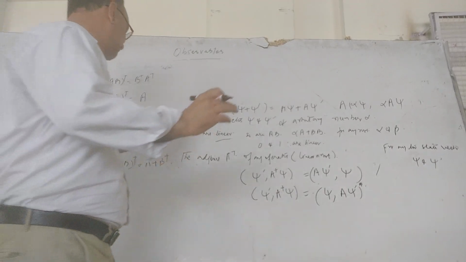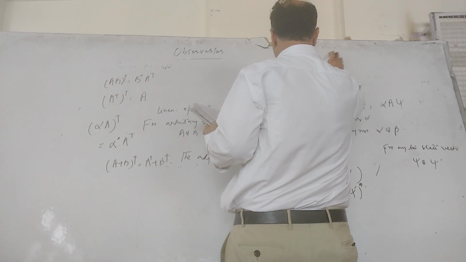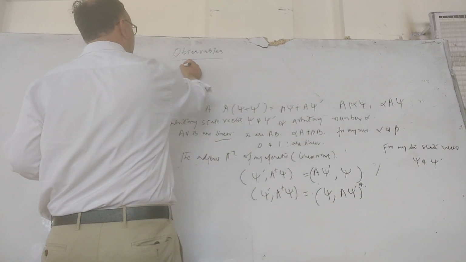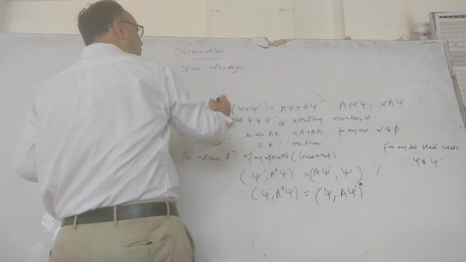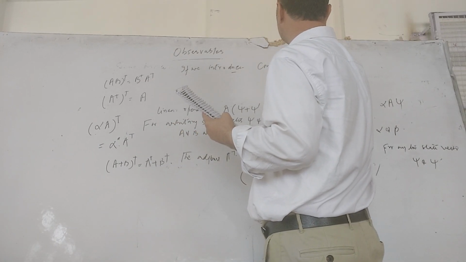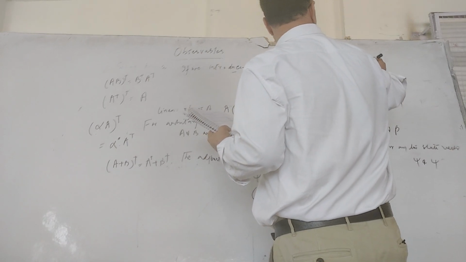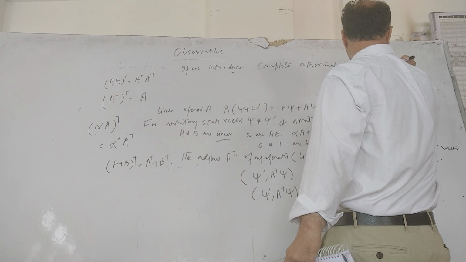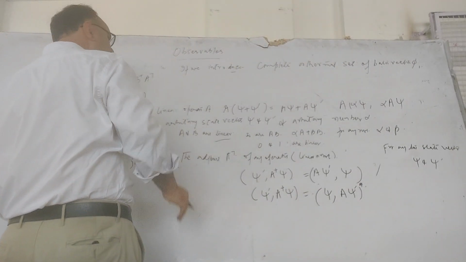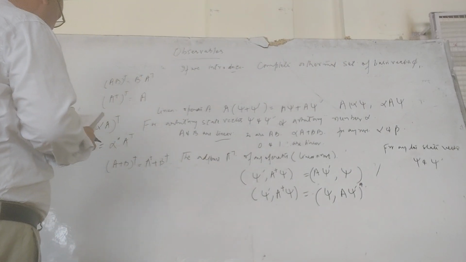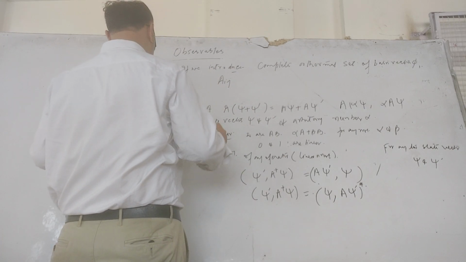First, let me say that if we introduce a complete orthonormal set of basis vectors phi i, we can represent any linear operator A by the matrix Aij.